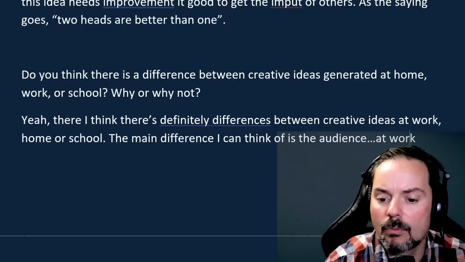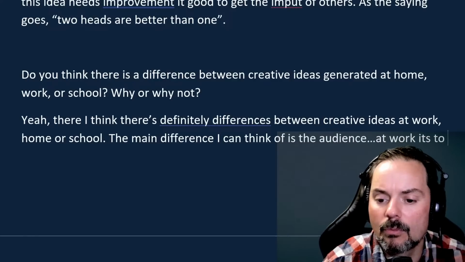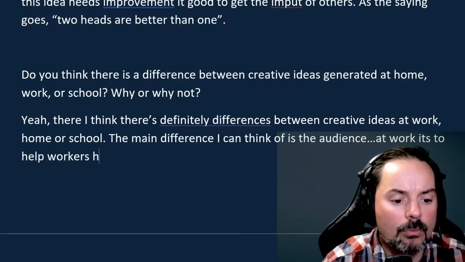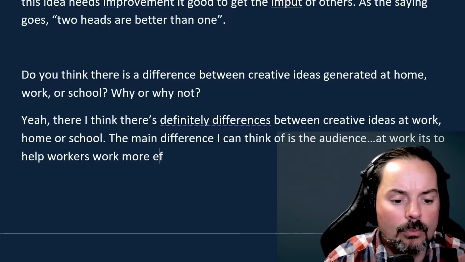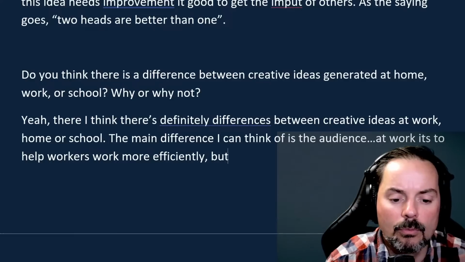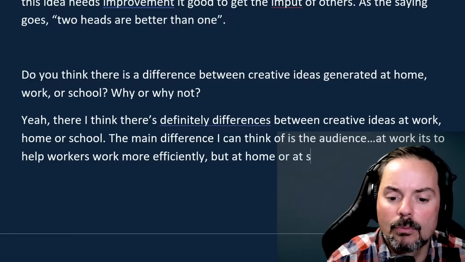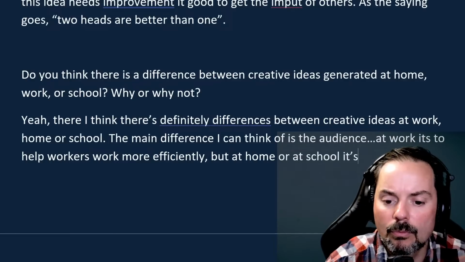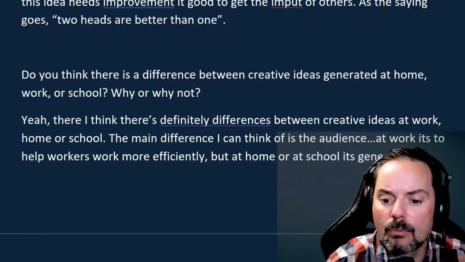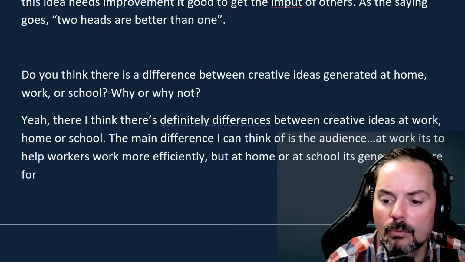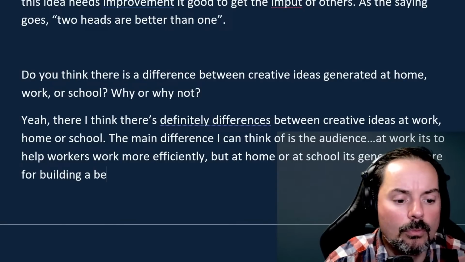But in school or at home, creative ideas are often generated in the hope of building a better atmosphere for children. Can you give me an example?